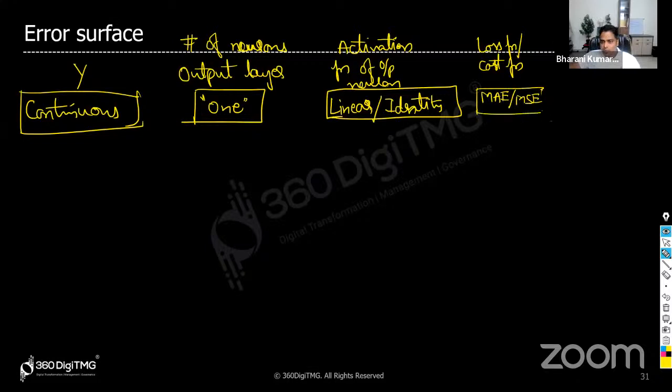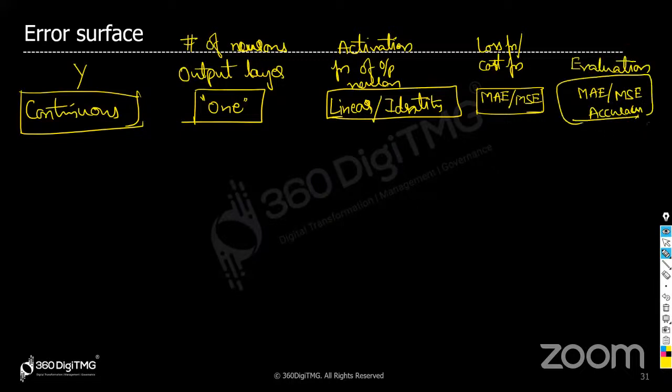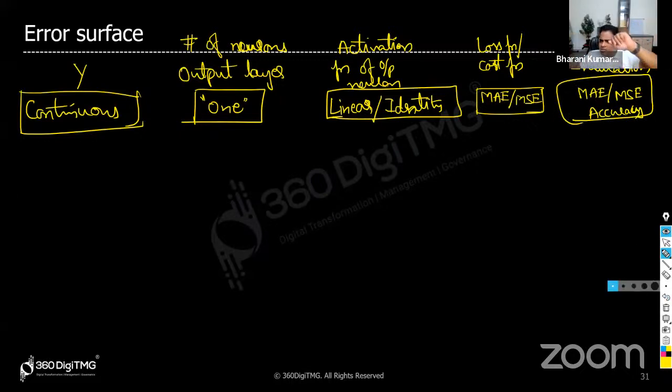Wonderful. What about the evaluation technique, model evaluation? For that, what do we use? It's once again the same, mean absolute error or mean squared error. From this, obviously, you'll get the accuracy as well. Good. This part is clear. The flow is done. Once you understand these, friends, when you get into the programming, it will be simply give these entries and job done. It'll be that simple. Okay.